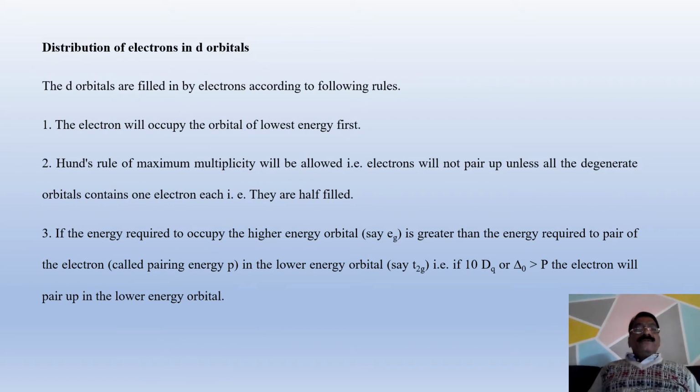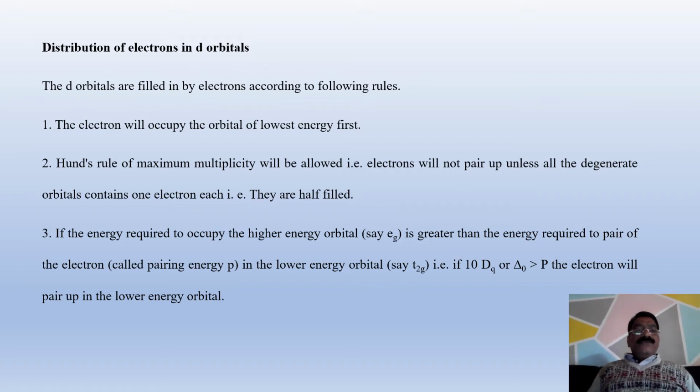Distribution of electrons in the d orbitals. The d orbitals are filled by the electrons according to the following rules. First, the electron will occupy the orbital of lowest energy. Second, Hund's rule of maximum multiplicity will be followed. That is, electrons will not pair up unless all the degenerate orbitals contain one electron each, that is, they are half-filled.